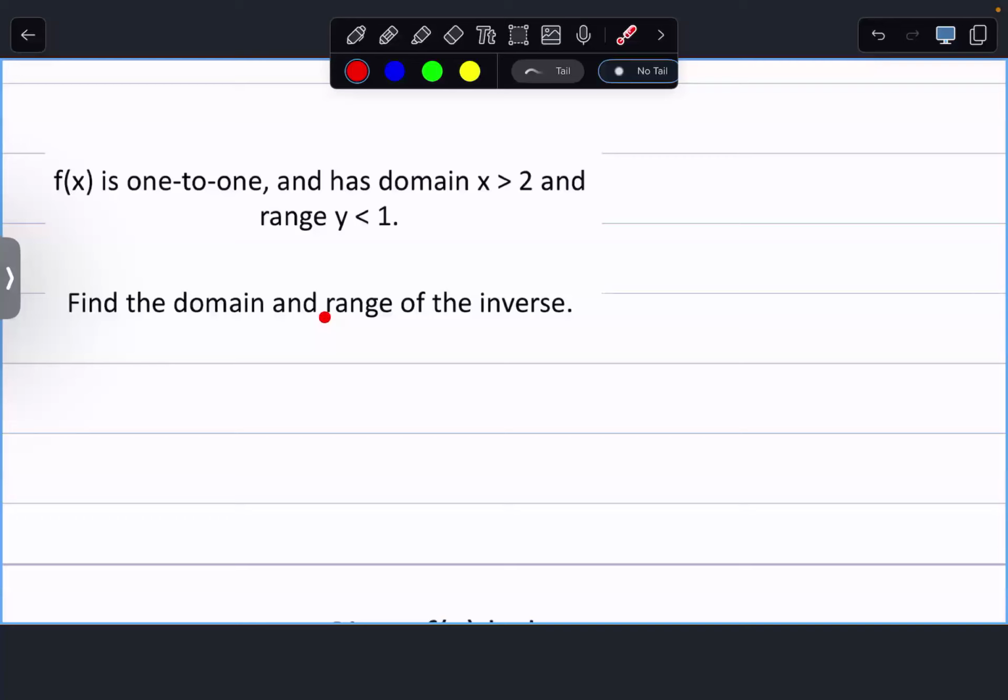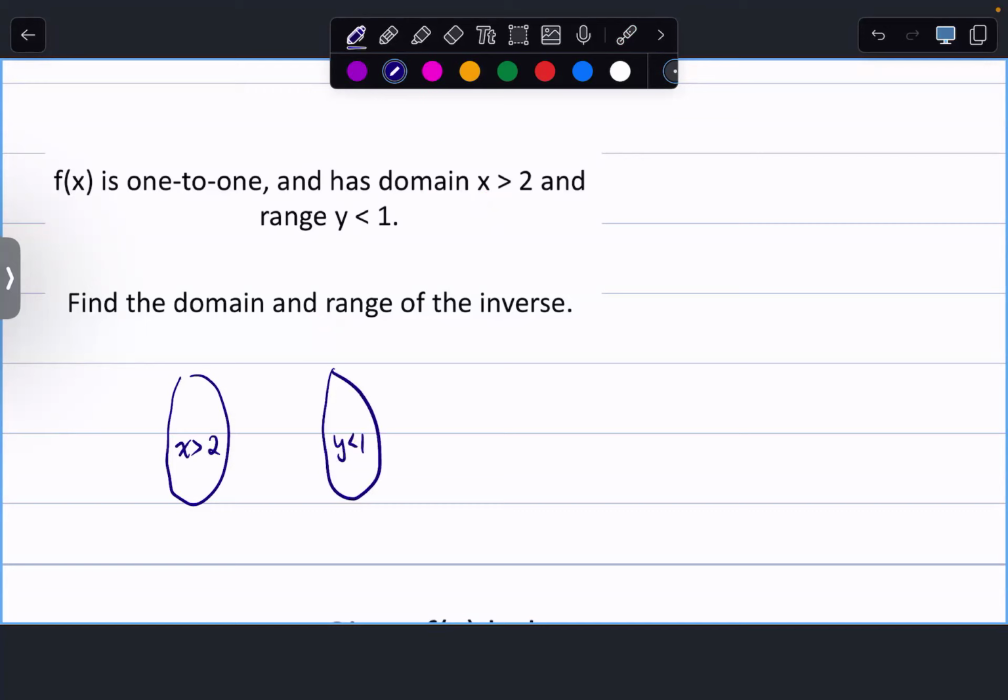Right? And so, f of x goes from x greater than 2 and maps to y less than 1. So if you want to, you could do something like this, where it goes from x greater than 2 and maps to y less than 1.